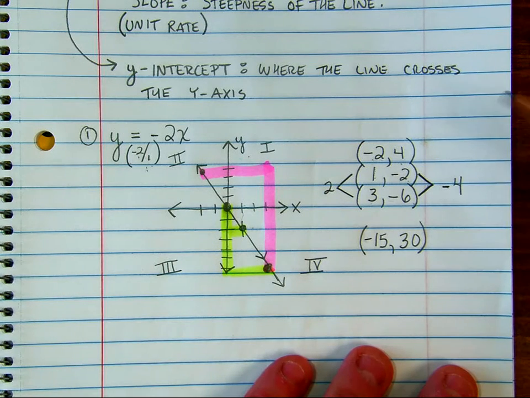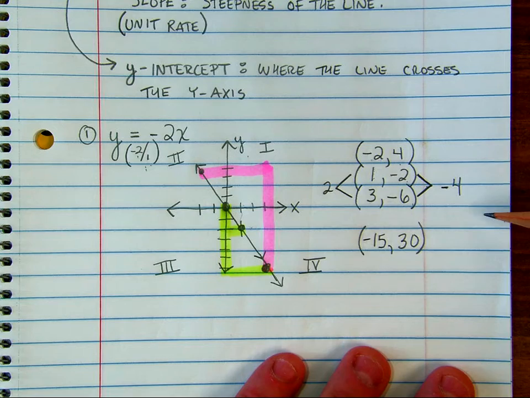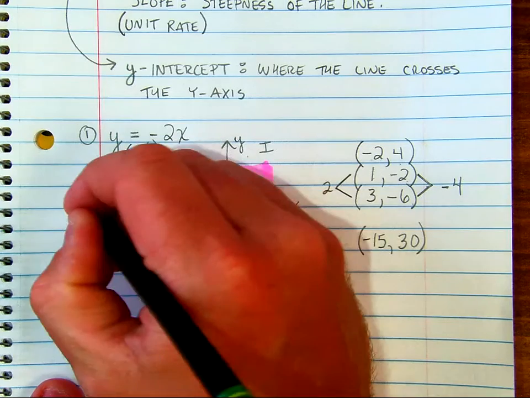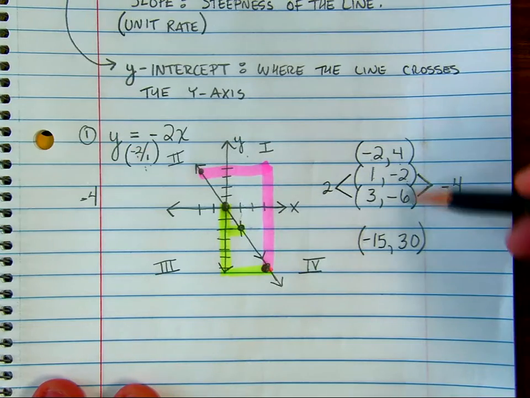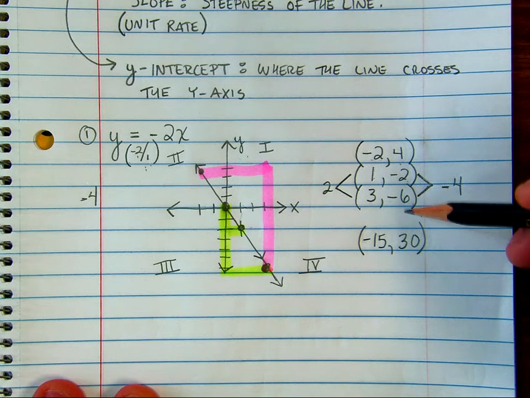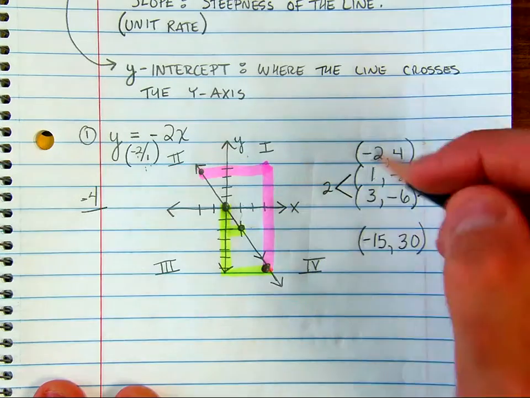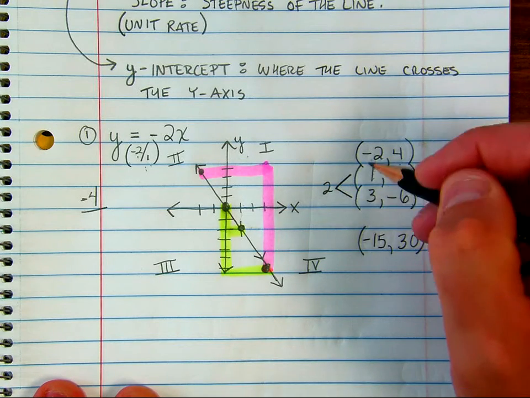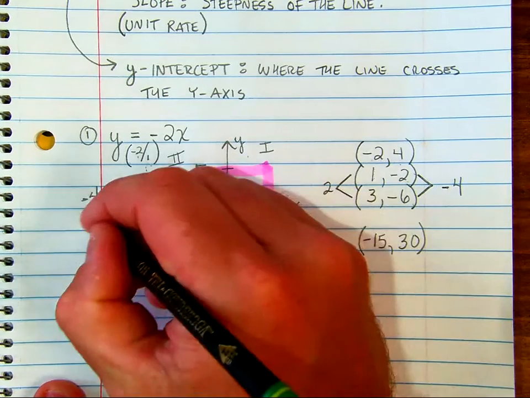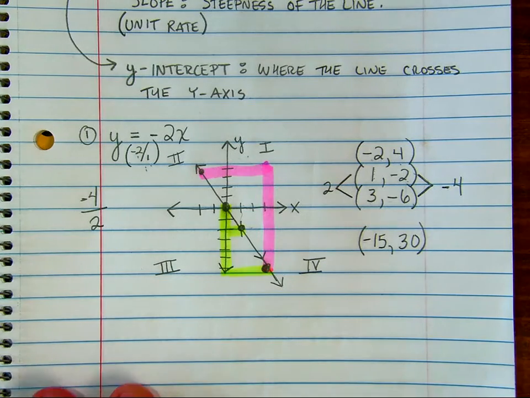If I take the Y value, which is -4, that is the change, the difference in the Y values. And I divide that by the change, or the difference, in the X values. Notice what I get. What's -4 divided by 2? -2.